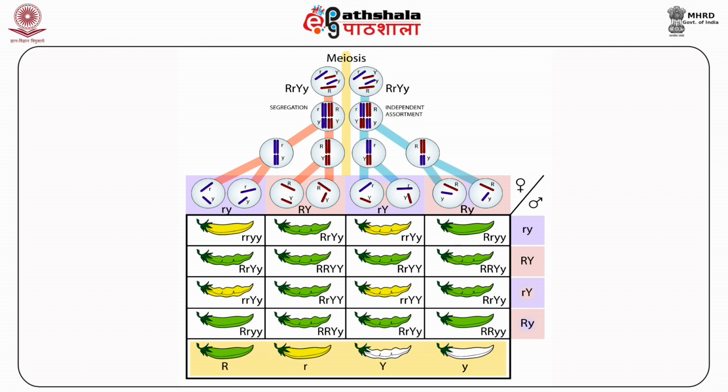His experiments with two traits, that is, dihybrid cross, showed 9 is to 3 is to 3 is to 1 ratios, which shows that each of the two genes is independently inherited with a 3 is to 1 phenotypic ratio.